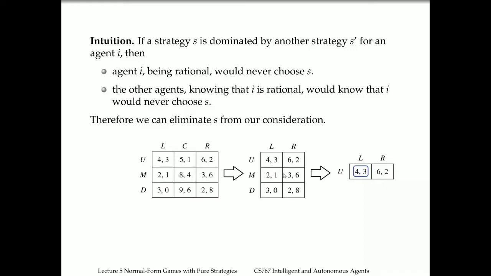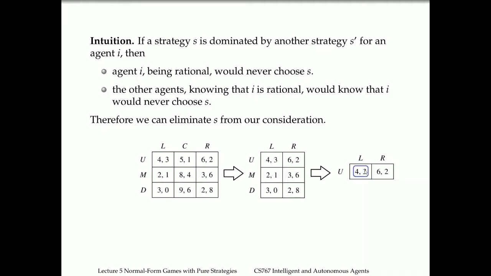And therefore, we can eliminate both of these two strategies from consideration, and we just end up with this game where player 1 has only one option, and player 2 has two options. So in this case, it's very easy to analyze. Player 1 would choose U, and player 2 would choose L. Right? So then we can make a prediction about the outcome of the game in this way.